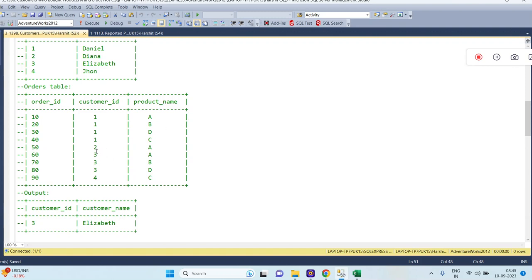We require only customers who have purchased products A and B, but not C. This customer ID 3 has purchased A, B and D, but has not purchased the product named C. So 3 should be our output: customer ID 3, name Elizabeth.